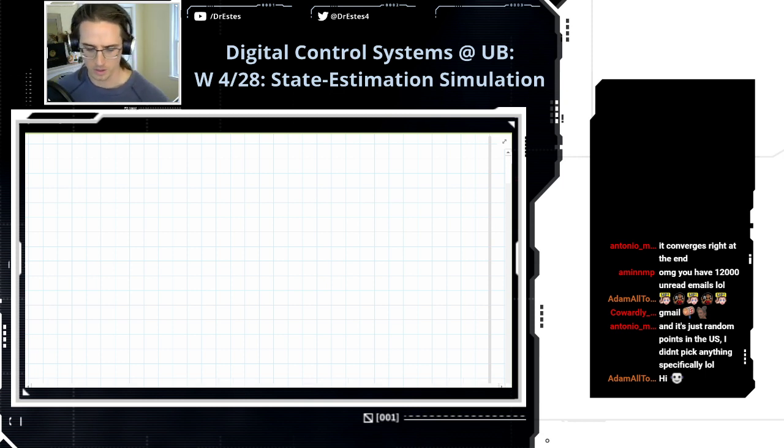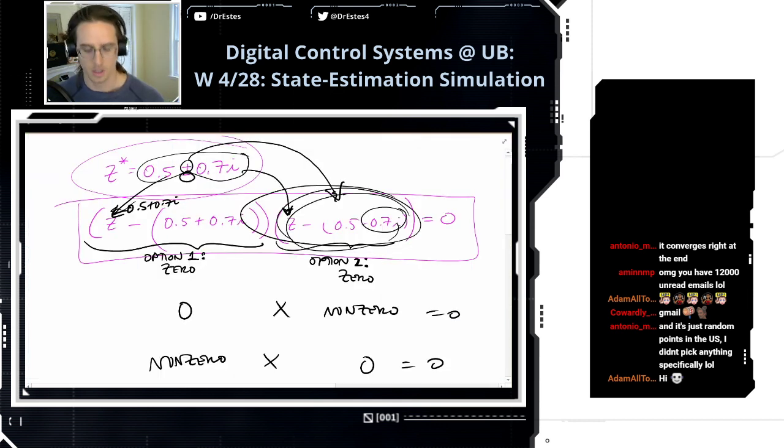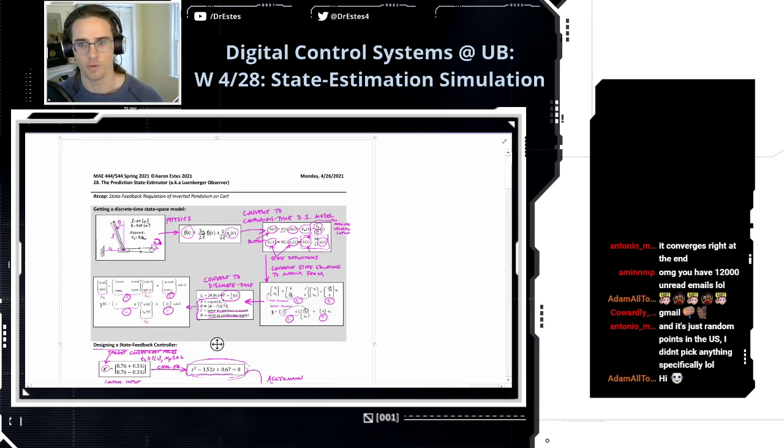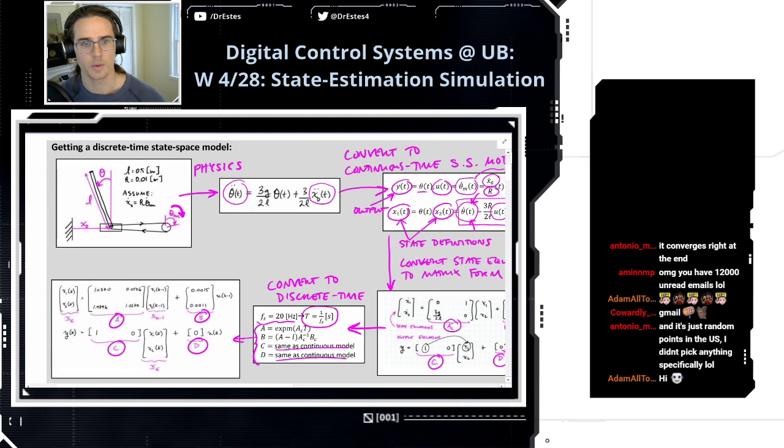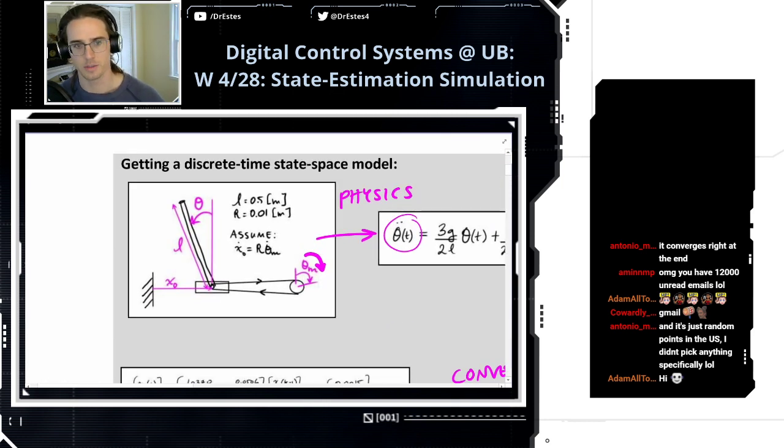All right, everybody. Today, we're going to do a little simulation building off of some code that we have made before. So this is what we were talking about last time. We're going to make a simulation of this cart pendulum system. We're trying to balance it, to control it so it stays upright.